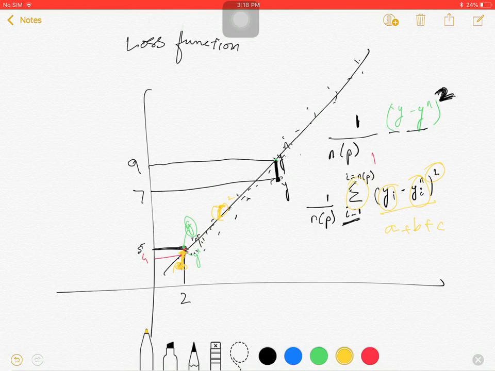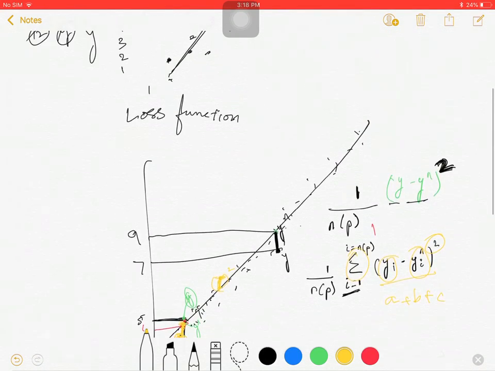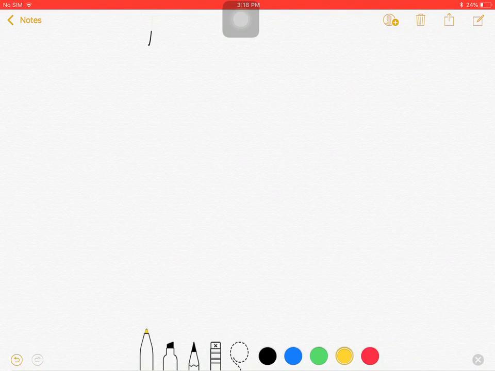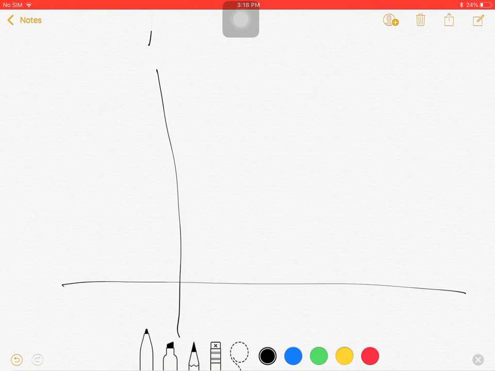Now we need to make a representation of this line. If I ask you the formula of a line, you will say that any point y is equal to m times x plus b. So if I have a point, let's say x equal to 2, where m is the slope of the line.